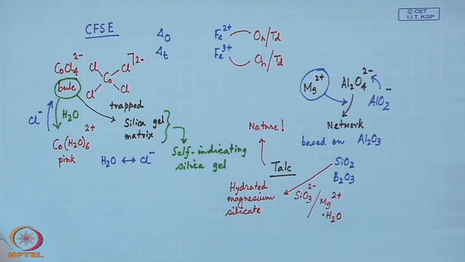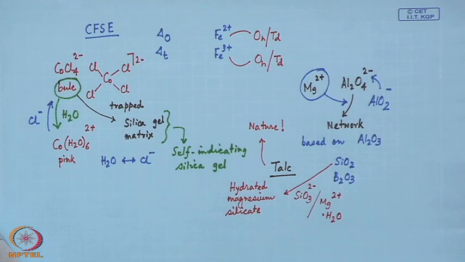In the normal spinel, the typical arrangement for M3O4 is like this, where the bivalent metal ions will remain in tetrahedral sites and the trivalent ions will be in octahedral sites.